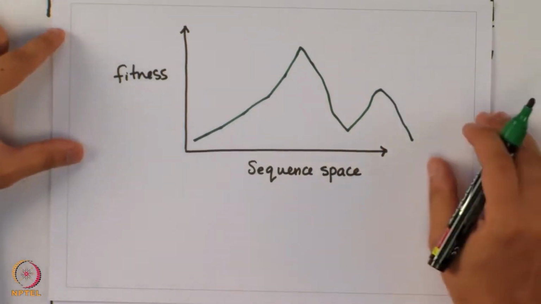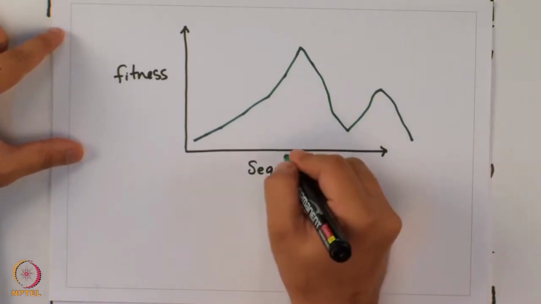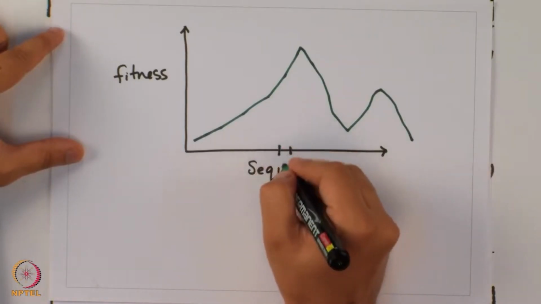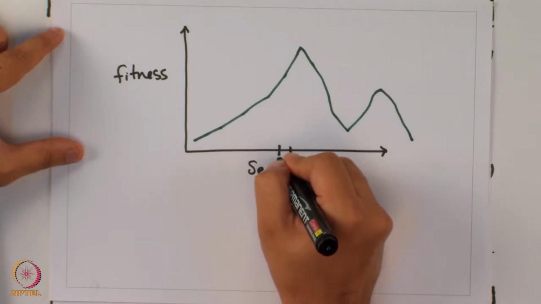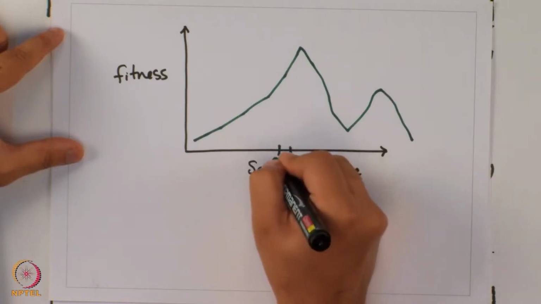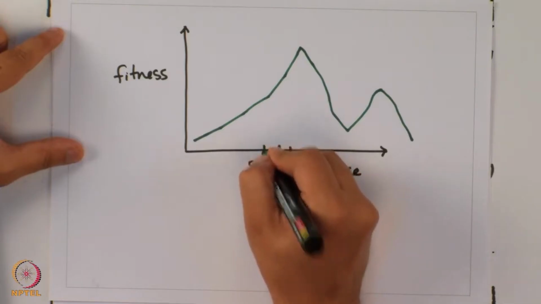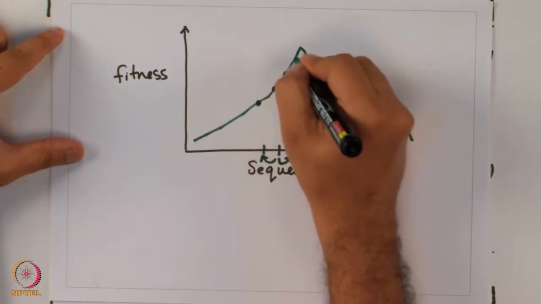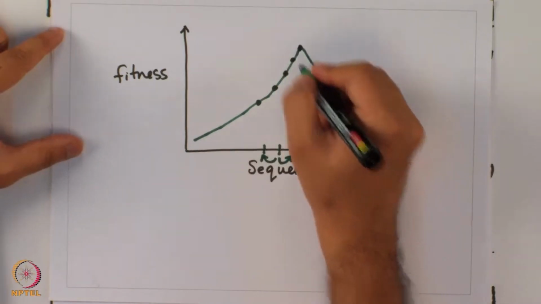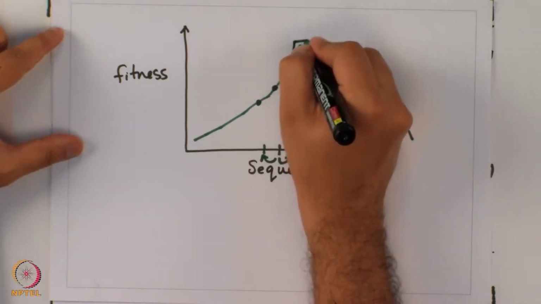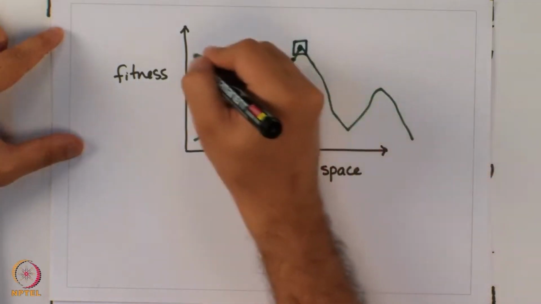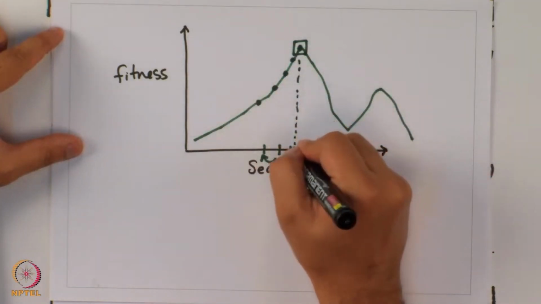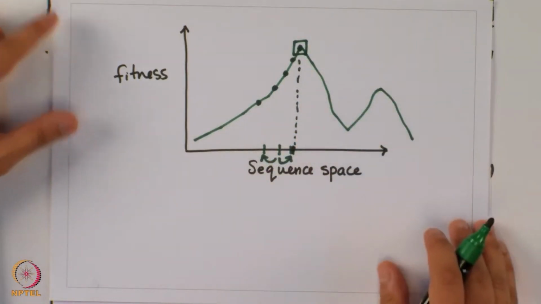And now what we are saying here is that mutations can only happen between neighbors. So these two sequences are neighbors. If this one were to acquire a mutation, it could either become this sequence or its neighboring sequence on the other side, and the corresponding fitnesses are represented by the values on the y-axis here. And this of course is the sequence which represents maximum fitness. This is F max, which is given by this particular sequence on the x-axis.